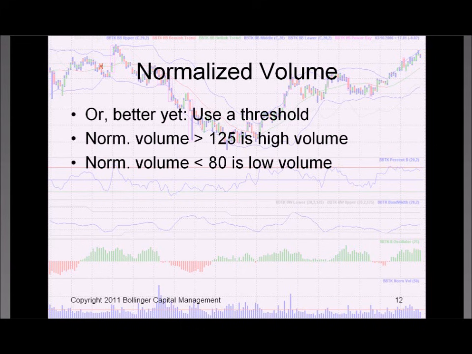Most people would take 25 and subtract it from 100 to get the low range, 75, or add it to 100 to get the high range.